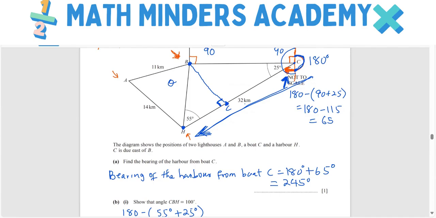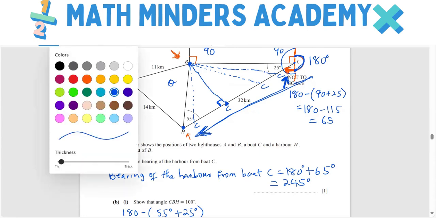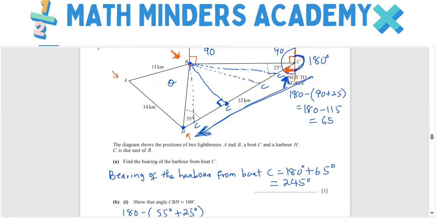Remember that we can also have it here, here, or here, but each of these dotted lines is longer compared to this red line going from B to C. All the other dotted lines are longer.